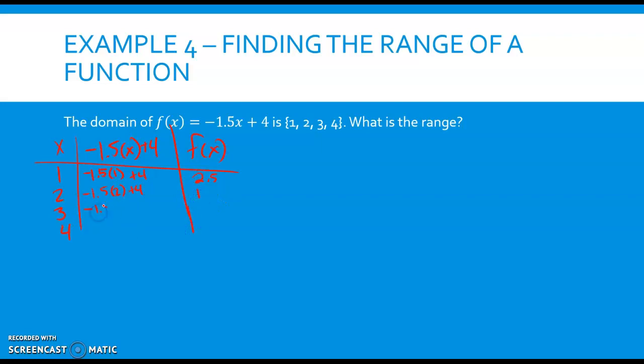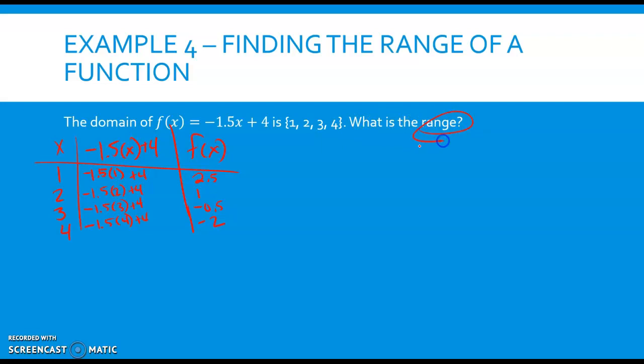And negative 1.5 times 3 plus 4, and we end up with negative 0.5, and then negative 1.5 times 4 plus 4, and we end up with negative 2. So again, all I'm doing is plugging my x values into the equation, and I'm getting my y values, my f of x, my output.